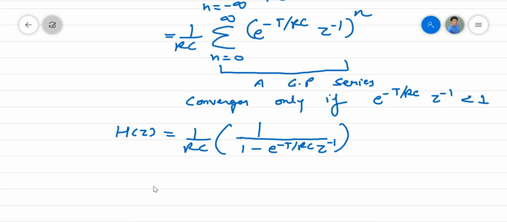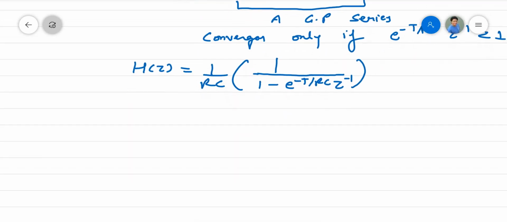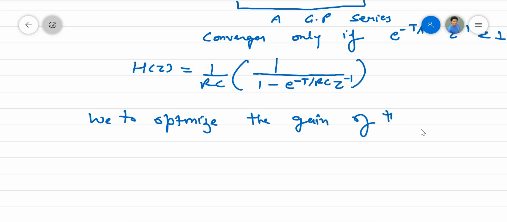Now to make a filter, we have to optimize the gain of the filter, right? So we want during the pass band its gain to be equal to 1, and at the stop band its gain to be minimum or 0. In general we want 0, but its gain should be optimized at the pass band, and we want to set it equal to 1.